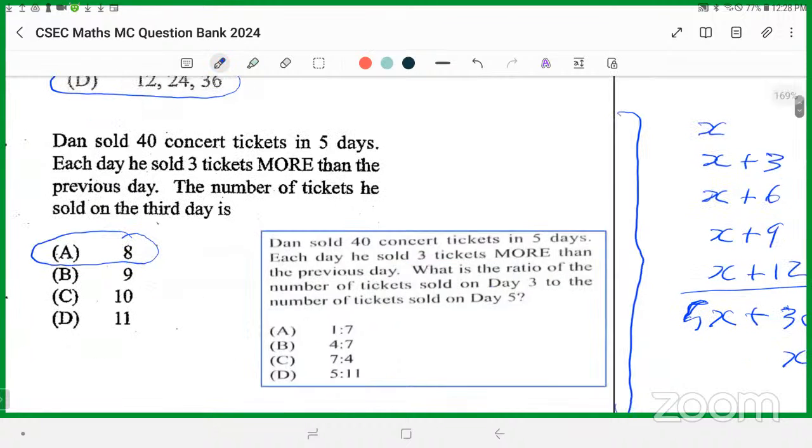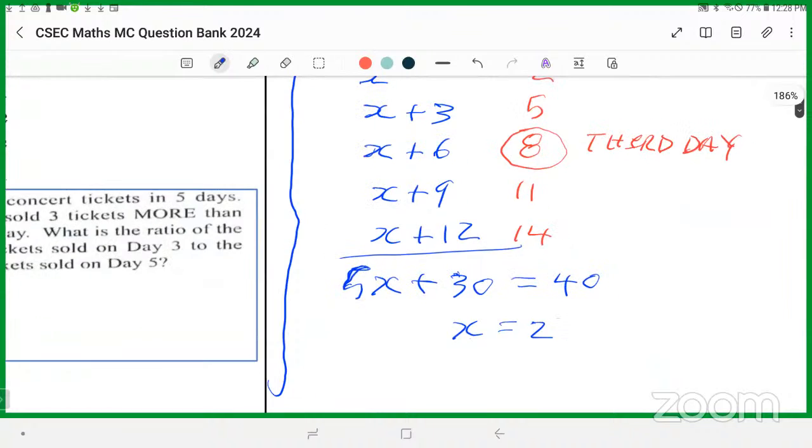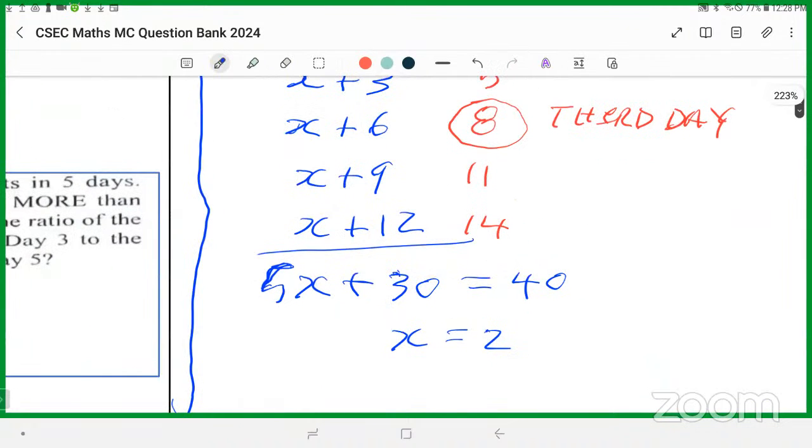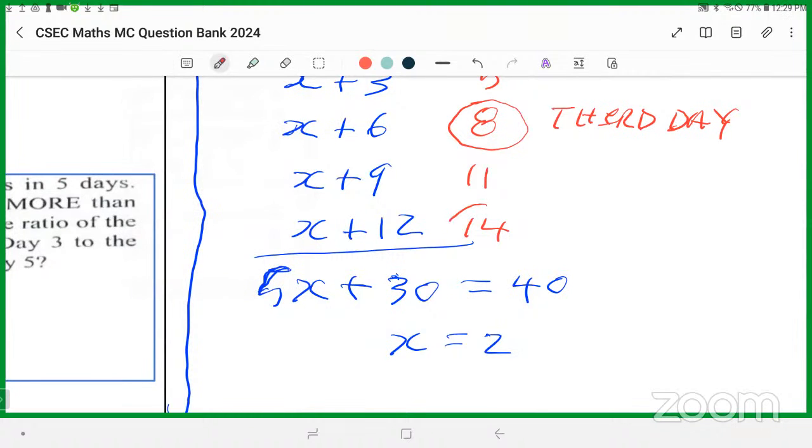For this question, asking about ratio: what is the ratio of the number of tickets sold on the third day to the number of tickets sold on the 5th day? So here now is the 5th day total. All right, this is the 5th day.